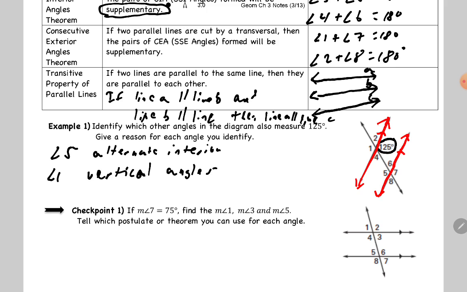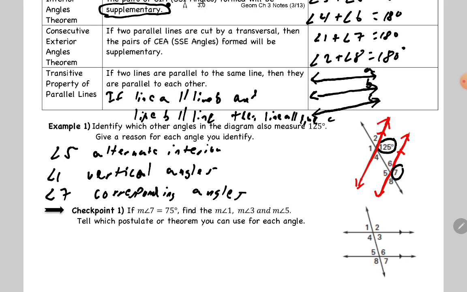And then lastly, angle 7, because those are corresponding angles, same position. Angle 125 and angle 7 are in the same position at the intersection.